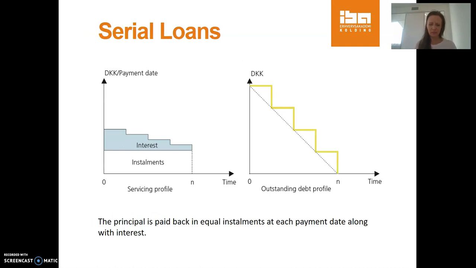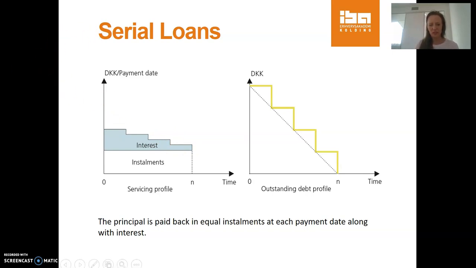Serial loan is where the principal is paid back in equal installments at each payment date along with the interest. So the principal repayment in this case is the fixed amount, and then the interest will keep on falling as the remaining debt is also becoming smaller.